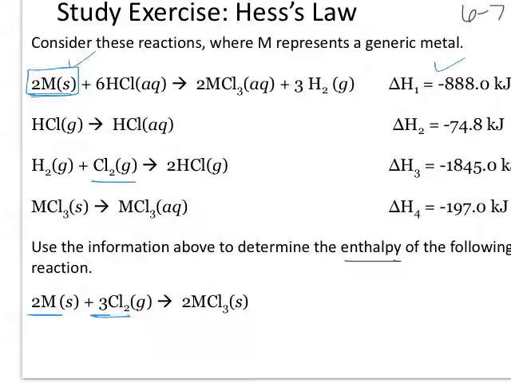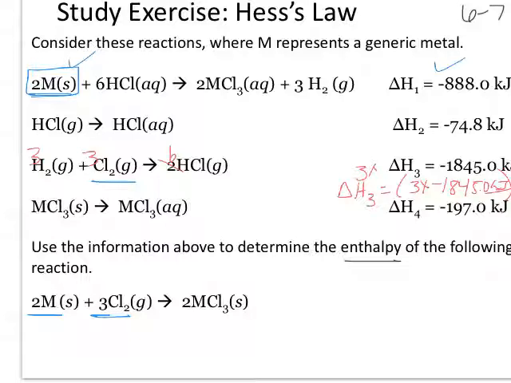So I'm going to have to multiply a 3 through this reaction. Every coefficient was 2, now 3 times 2, 6. And then I'm going to have to do 3 times my delta H. So delta H3 is actually going to be 3 times negative 1,845.0 kilojoules.